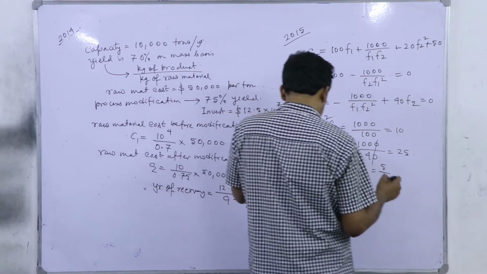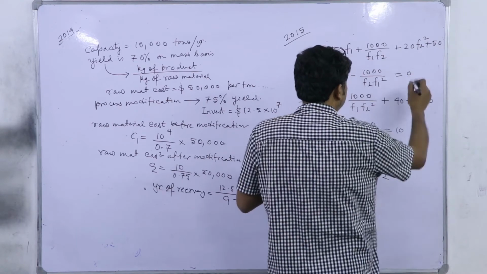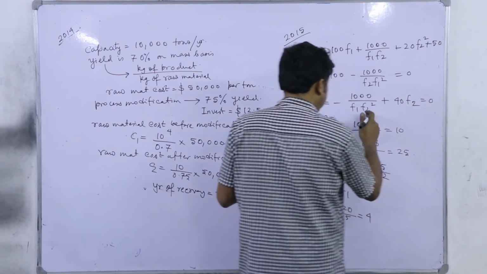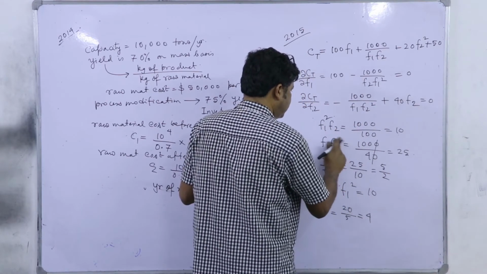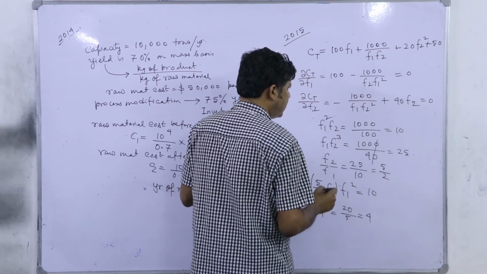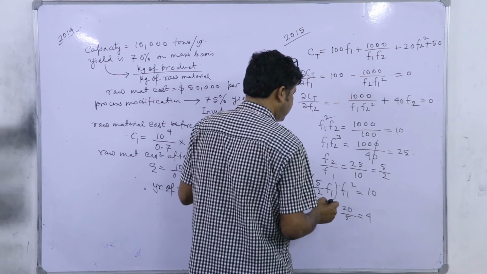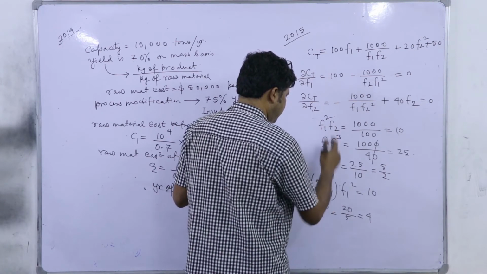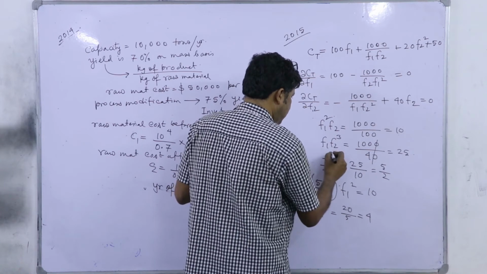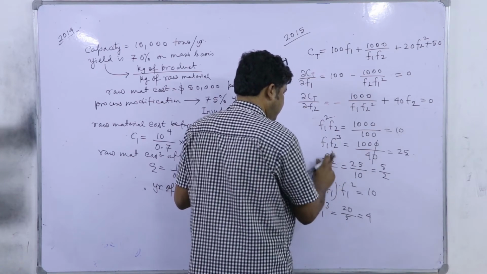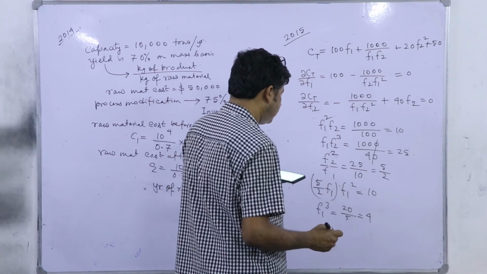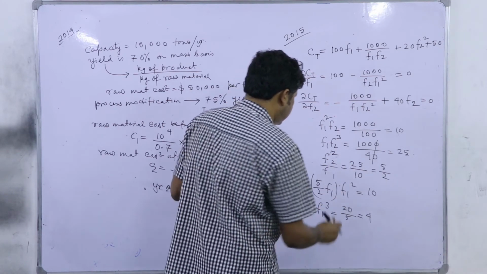And here it is F2 square, so I have done a mistake here. F1 F2 cube, this is cube, is equal to 25. So if I take the ratio, F2 square is equal to this.